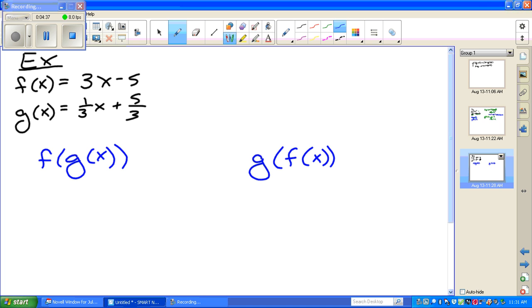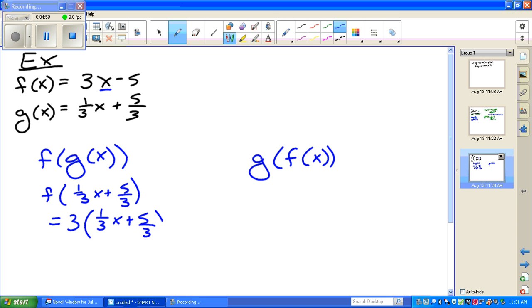So to begin with, f of g of x, so we're going to start with our f equation, and wherever there's an x, the whole g of x quantity goes in there, because it's f of 1/3 x plus 5/3. So therefore, my f equation ends up representing 3 times the quantity 1/3 x plus 5/3, because that was my x, minus 5.